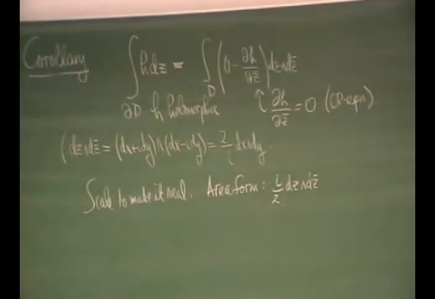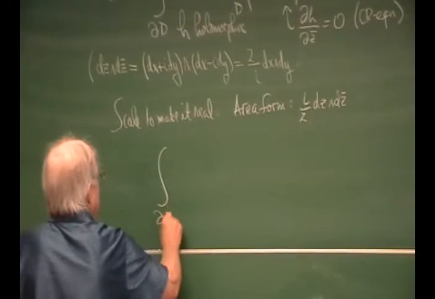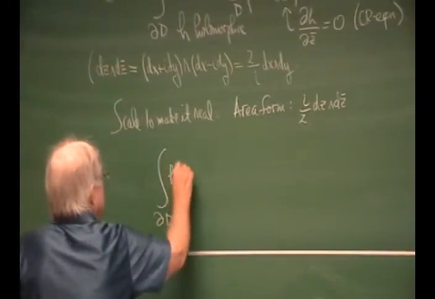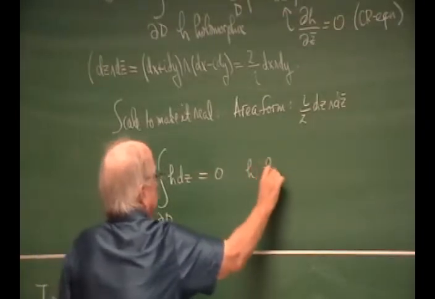So you can start this lecture, if somebody understands Stokes' theorem and believes everything in life, by saying, well, you have Stokes' theorem and holomorphicity means d bar is 0, and therefore we have the corollary, the integral over the boundary of D of H dz equals 0 for H holomorphic.